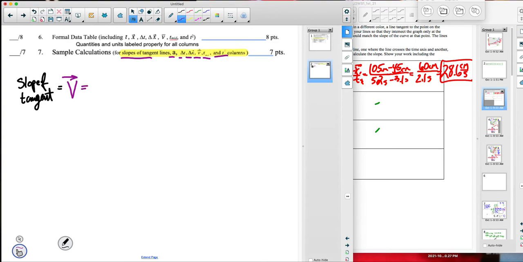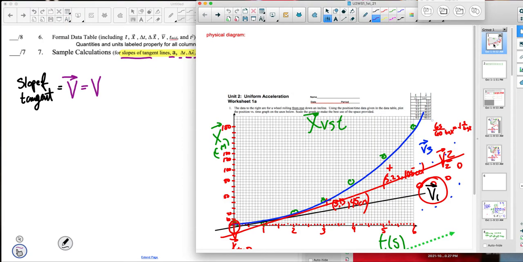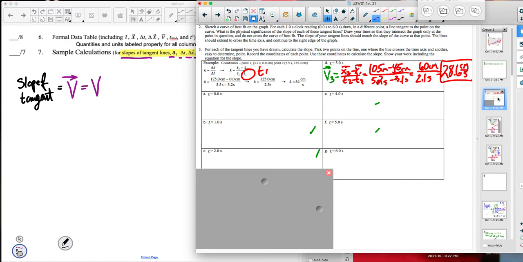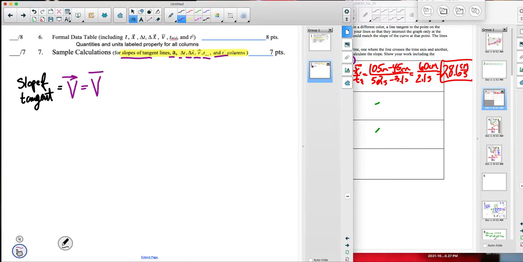More specifically, I'm going to use my fake wheel and axle data for our position versus time graph, and we're going to draw a tangent line at 3 seconds and then use the values that we picked up from the slope of the tangent line at 3 seconds. We just want to say what we're calculating, an instantaneous velocity, at 3 seconds.